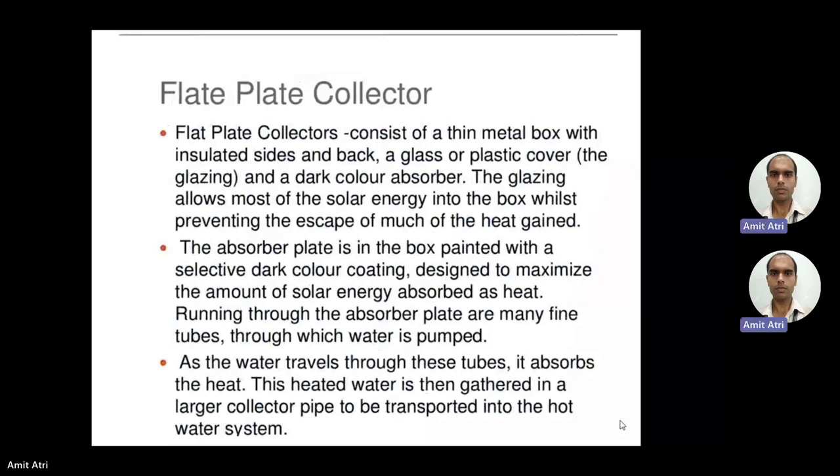So it consists of, let me show you a diagram first, then I will again come back to this. Okay, so here on the top, solar radiation is coming. Okay, there is transparent screen, then black absorber plate, below that fluid tube, then below that thermal insulation. So the surface that is flat, so that indicates the name why it is called flat plate collectors.